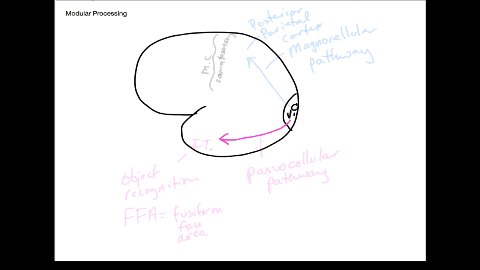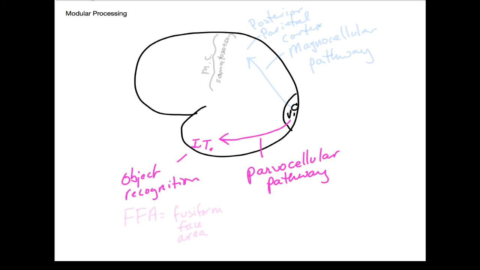An example of modular processing is how there are two areas specialized for detecting different aspects of vision. This ventral stream, that we can also think of as the parvocellular pathway, is going down here to the bottom of the temporal cortex, the inferior temporal cortex, often abbreviated IT, and object recognition happens here.